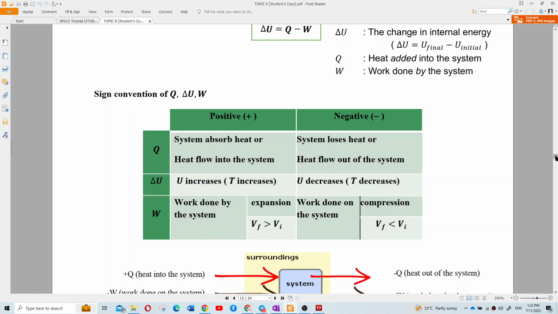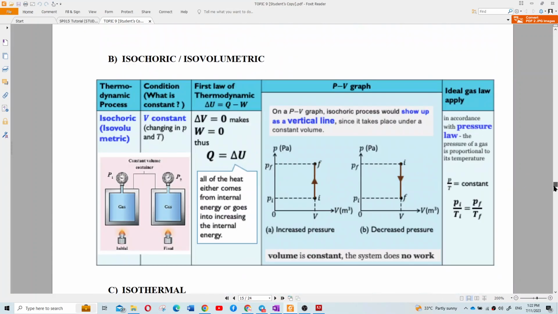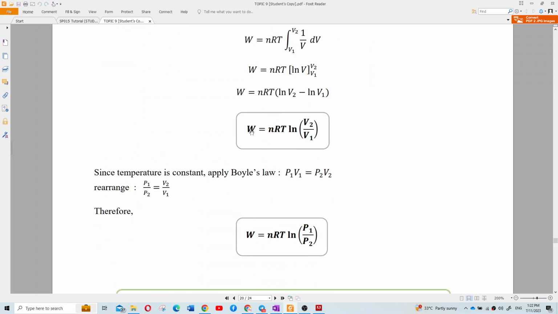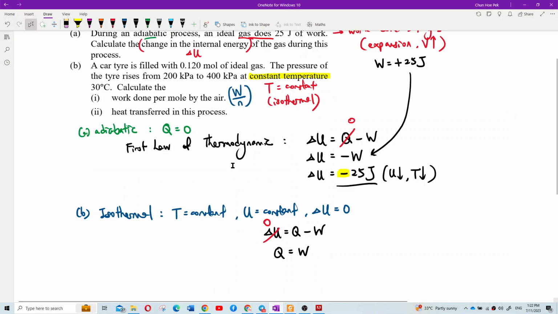The curve one. This one, nRT ln V2 over V1. The n, the number of mole, goes to the other side. Then you can find the work done per mole already. Divide by n.